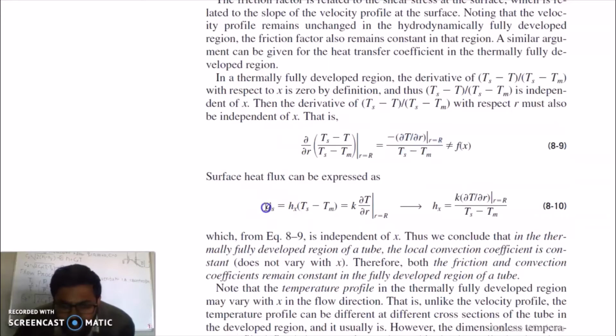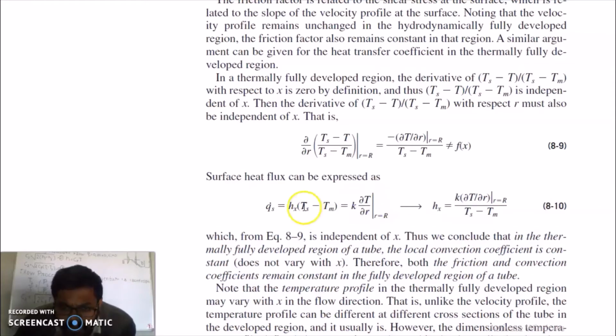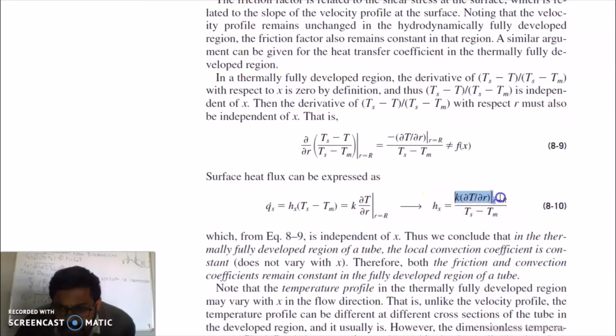From the definition we know that the surface heat flux, which is hx times (Ts minus Tm), is equal to k del T by del r, and when you take this value to the denominator side, you will get this equation. Because this value is independent of x, we conclude that in the thermally fully developed region of a tube, the local heat transfer coefficient is constant and does not vary with x.